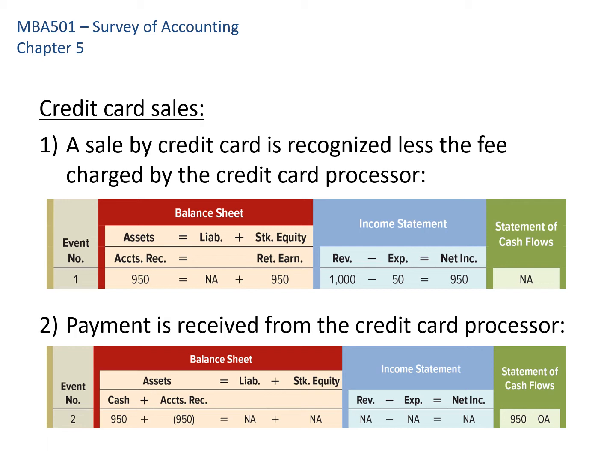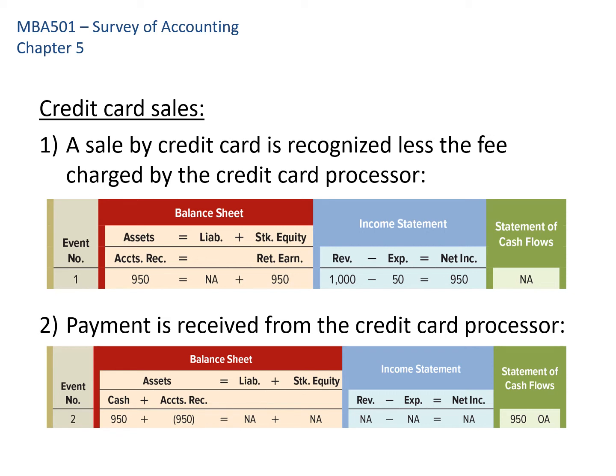On the income statement, we would record a sale of $1,000 because that's what we charge the customer for that particular product. So we would recognize a sale of $1,000, and at the same time, we would recognize that credit card expense of $50. So we would recognize the reduction as an expense on our income statement.